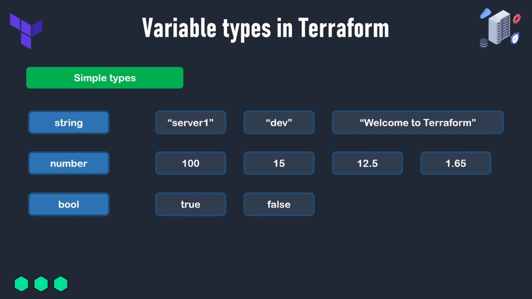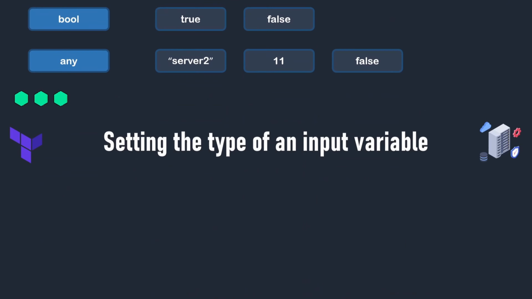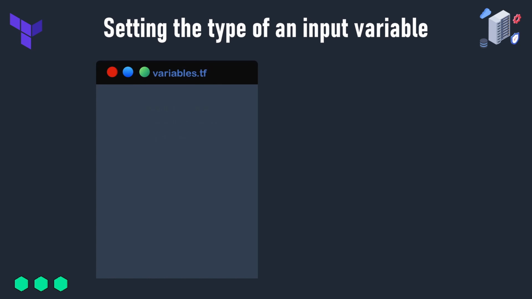If we don't specify the type of a variable or we set the type to any, the type of the variable will be any, and the variable will accept any value regardless of its type. Let's see now how we can set the type of a variable. We can set the type of a variable using the type argument in the variable block.